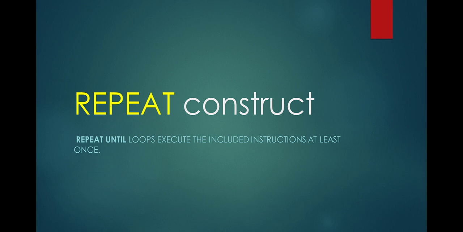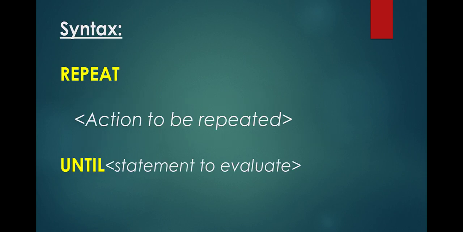And lastly, we have the repeat construct or the repeat loop. And with the repeat loop, instructions are executed at least once. Let's look at the syntax for that loop.